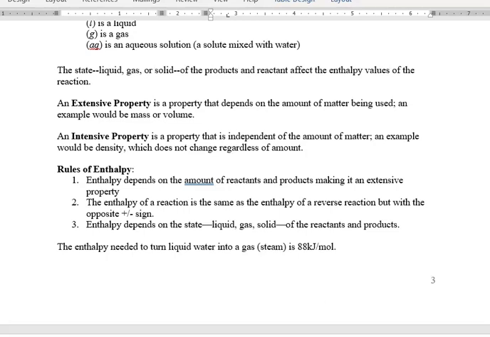An intensive property is a property that is independent of the amount of matter. An example would be density. So iron, whether you have 1 gram of iron or a kilogram of iron, it still has the same density. That's the same amount of mass per unit volume. So it doesn't matter how much or how little you have, the density of iron stays the same.